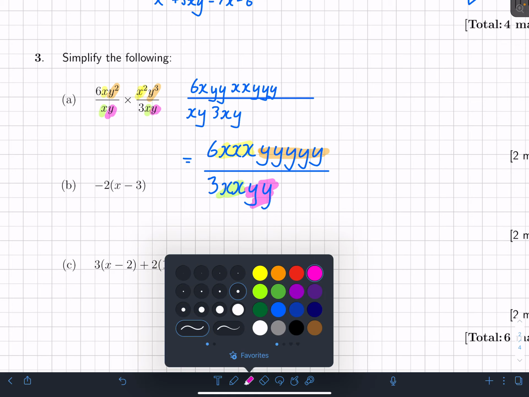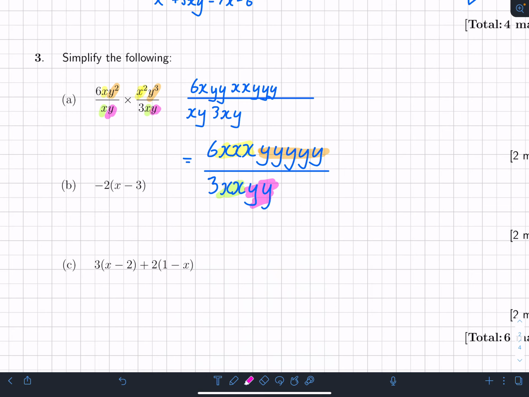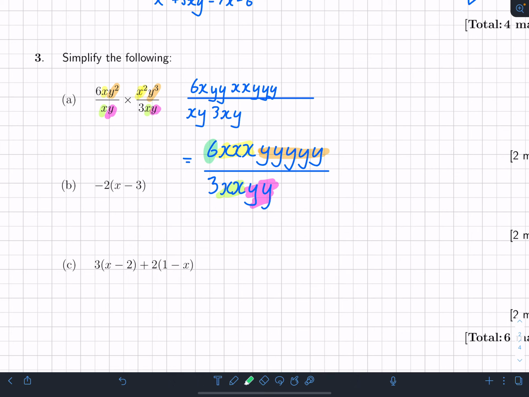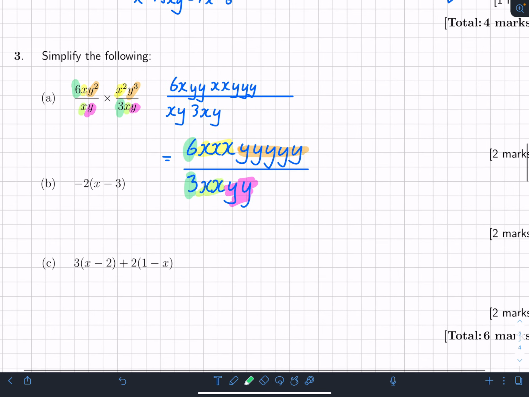And of course, with our coefficients there of 6 and 3, they've just been carried across. Okay, let's now solve this.